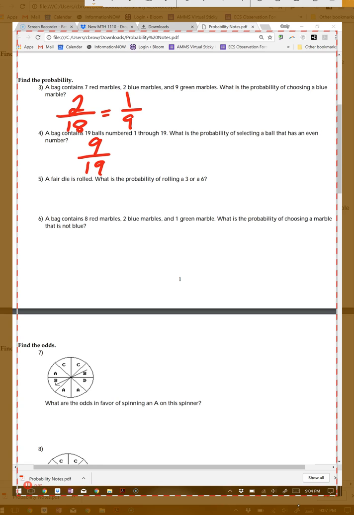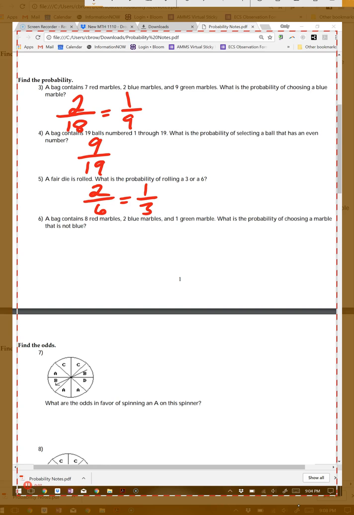Okay, so there's 2 different possible successes over 6 possible outcomes. So 2 successful possibilities over 6 total possibilities. And again, reduce that if possible to 1/3. So a third of the time you can say you should land on a 3 or a 6. Okay, or 1 in 3 times.